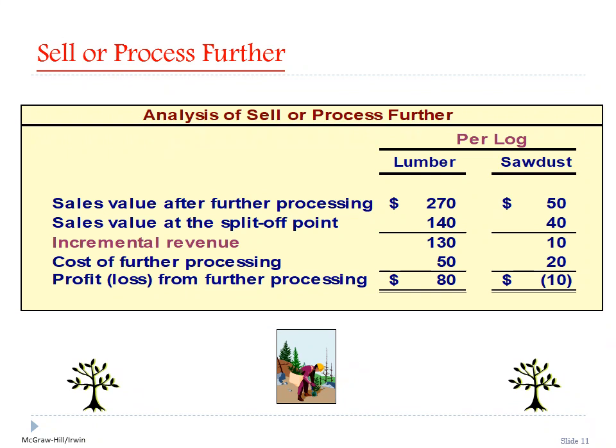That means if the company process further the lumber product, it will achieve profit of $80. On the other hand, when the company process further the sawdust, it will achieve loss from further processing equal $10.